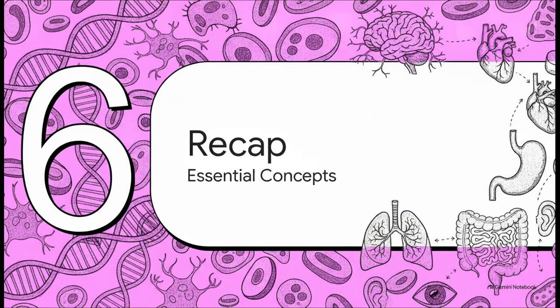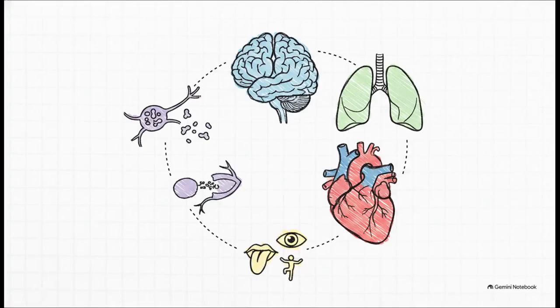All right, Section 6, Essential Concept Recap. Fantastic job so far. Let's bring it all home. So the crucial point to take away from all this is that human biology relies on highly integrated, beautifully complex systems. We mapped the nervous system from the central processor out to the peripheral nerves, noting the split between voluntary somatic and involuntary automatic actions.